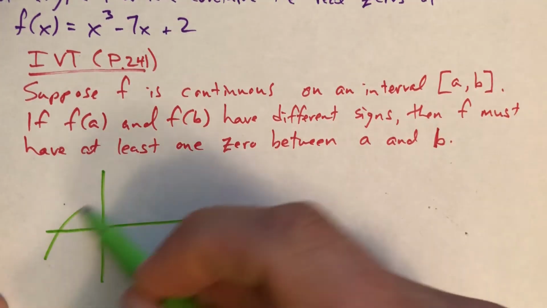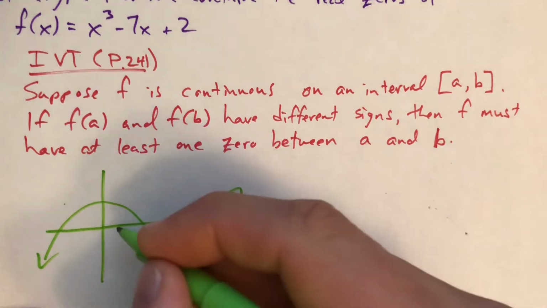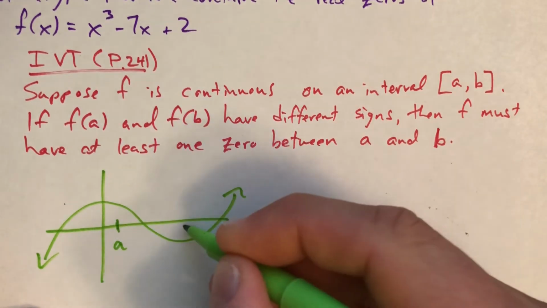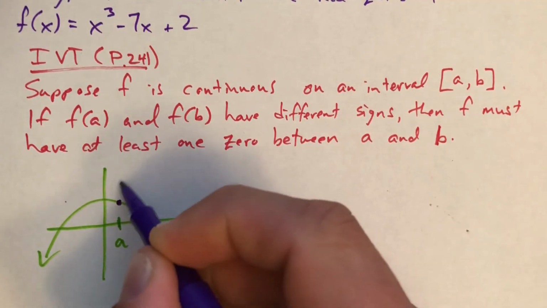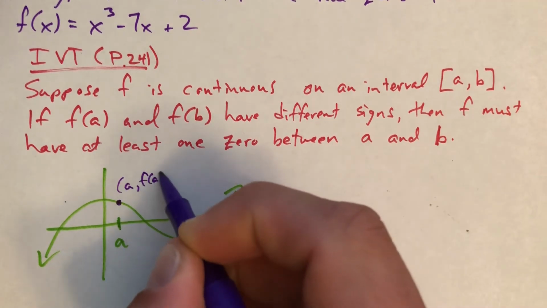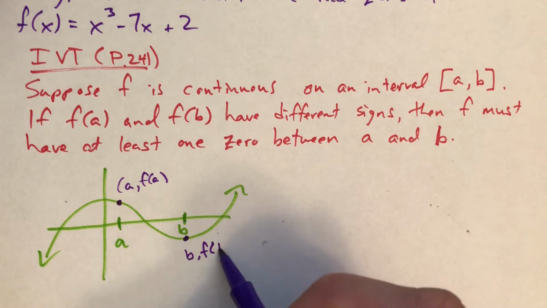So if we drew a nice picture, there it is, and here's a polynomial function. Now, if we took our a value here and our b value here, at f of a we would have a point here. This is the point a, f of a. And this point is b, f of b.